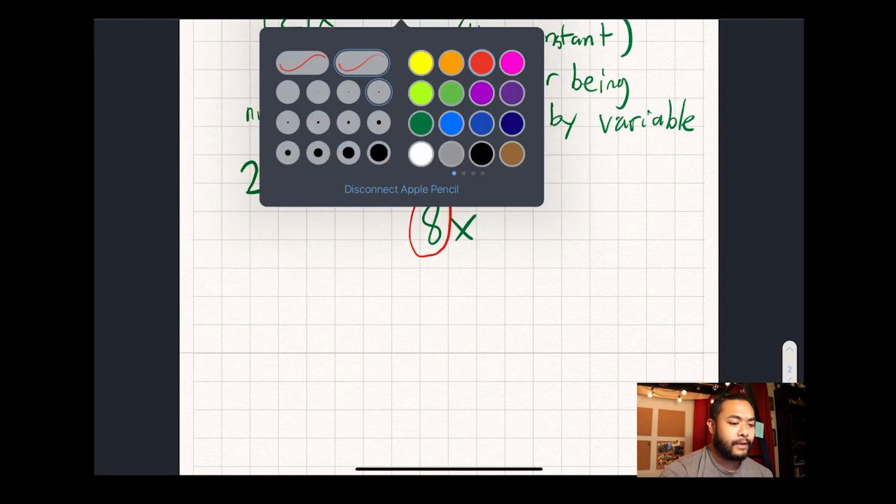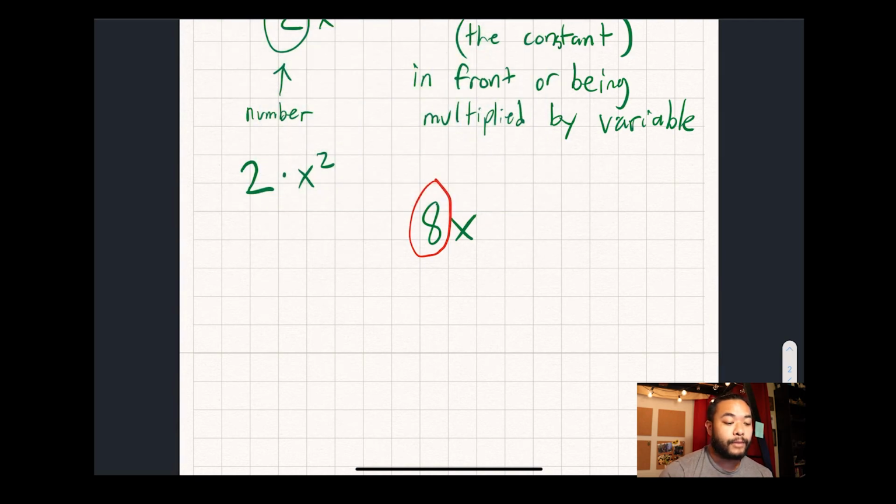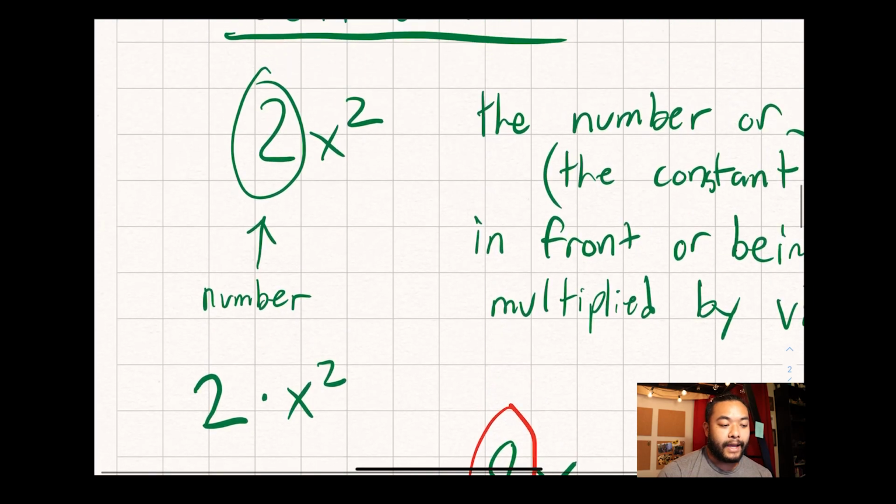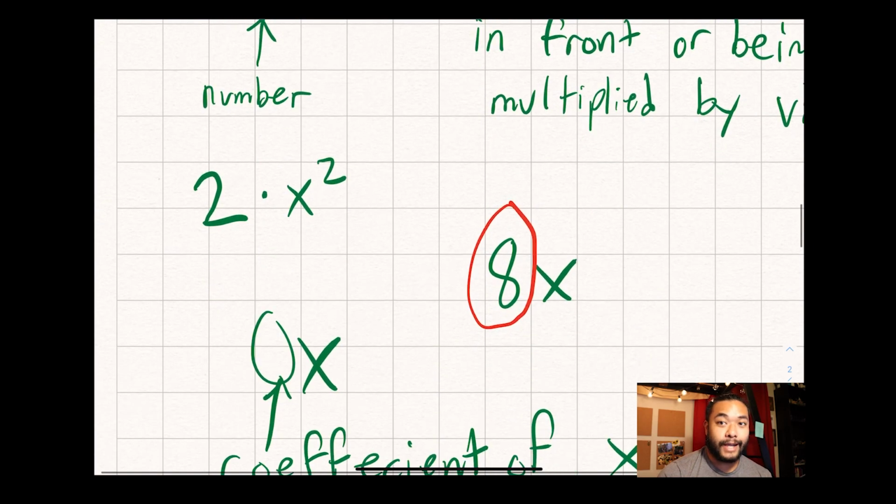Easy enough. And like I said before, what if I'm looking at the coefficient of x? What is the coefficient of x? Just x by itself. Because remember I said, anytime I have 2x squared, it's really 2 times x squared.